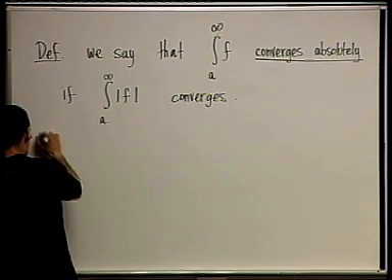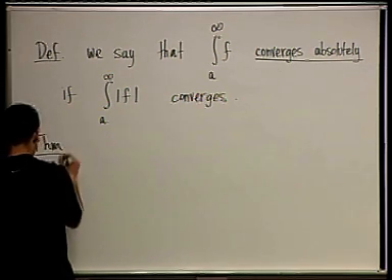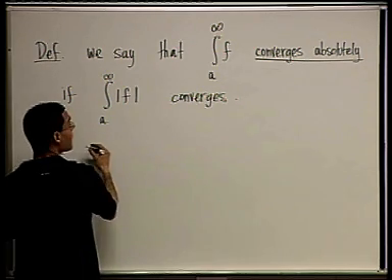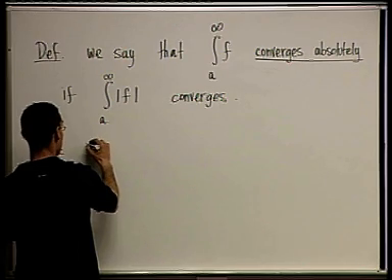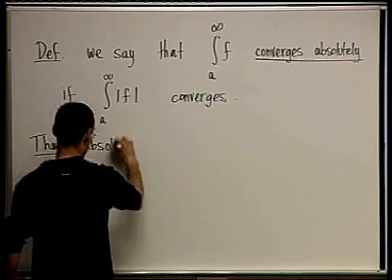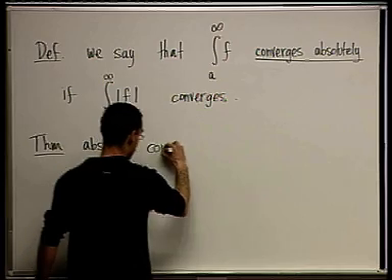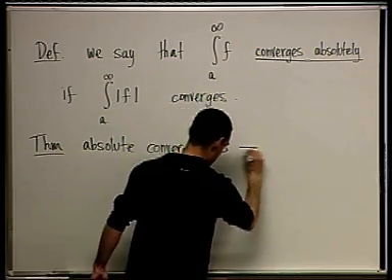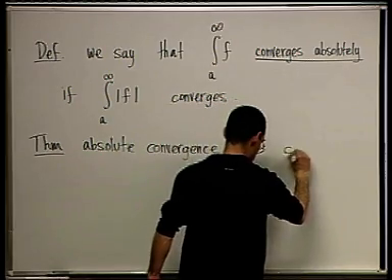And a theorem says that absolute convergence implies just convergence.